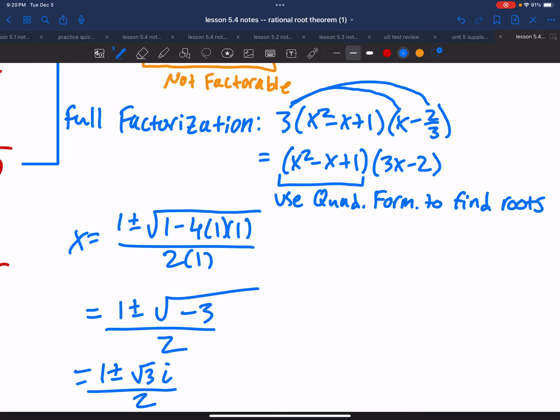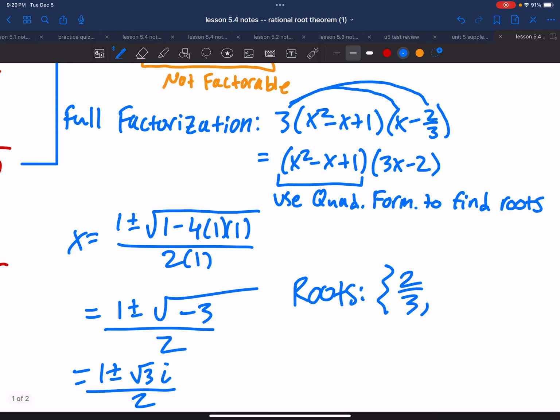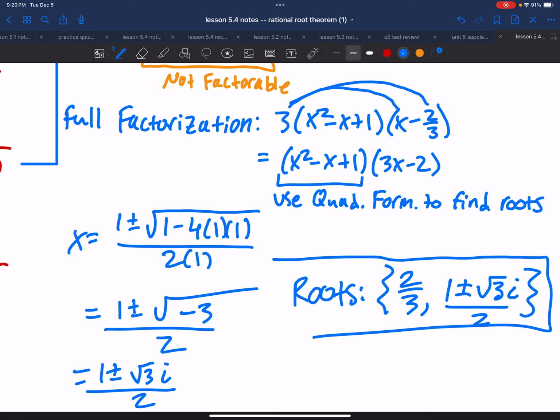So my roots, right, are, well, the first one that I found was 2/3. And then the other two were 1 plus or minus root 3i over 2. I didn't want to write that twice. Plus is one option, minus is the second option. So there are 3 roots, and we are done. Okay?